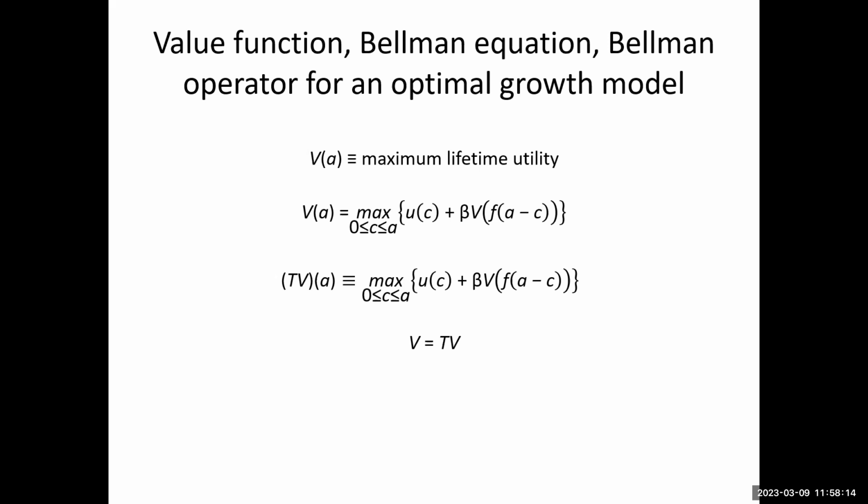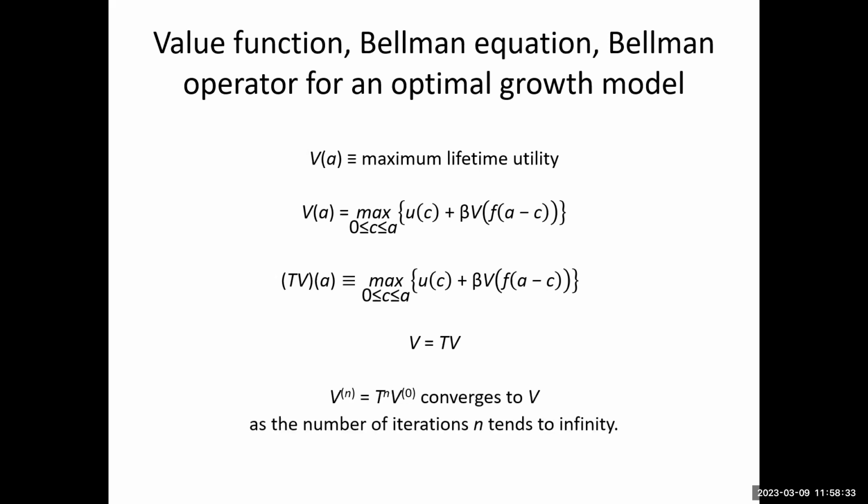We see that application of the Bellman operator T to V outputs V. That is, V is a fixed point of T. If T is a contraction mapping, repeated application of T starting from an arbitrary V0 must converge to V. That is, Vn converges to V as the number of iterations n tends to infinity.